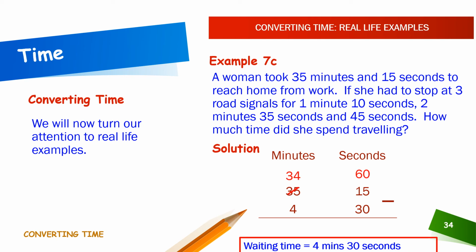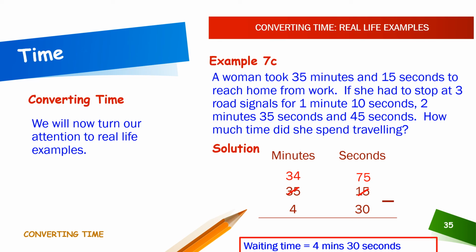If we take 1 minute from the minutes column, we're left with 34 minutes as shown. And the 1 minute when converted into seconds is of course 60 seconds. So we position that in the seconds column. 15 plus this 60 seconds is equal to 75.